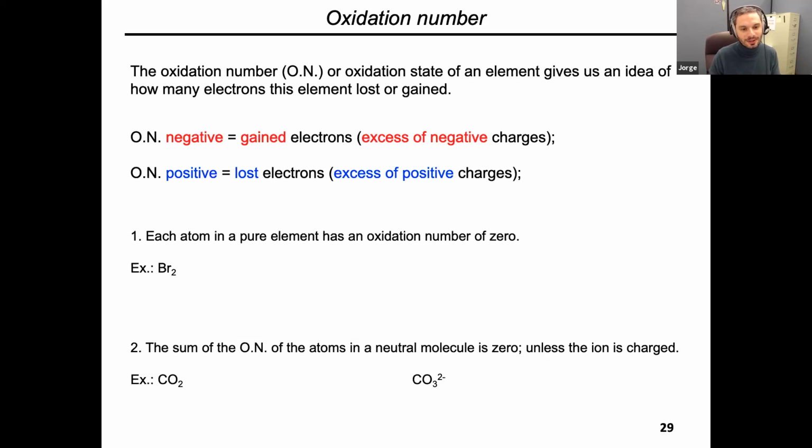Some elements have the ability to attract the electrons more compared to other elements. So imagine, every time there is a chemical bond, there is a fight for the electrons. Some elements will pull stronger than other ones.